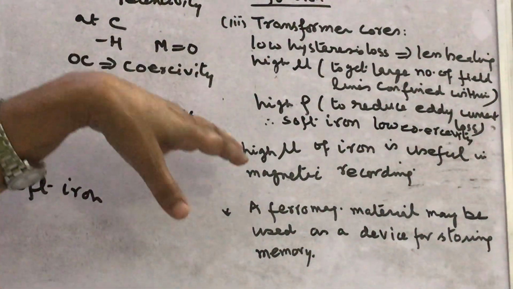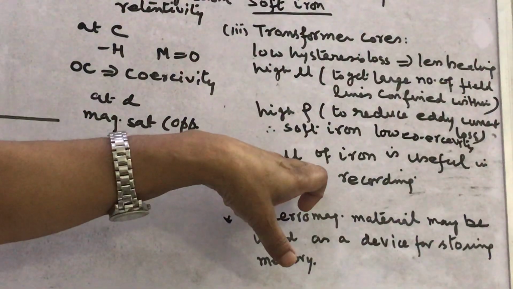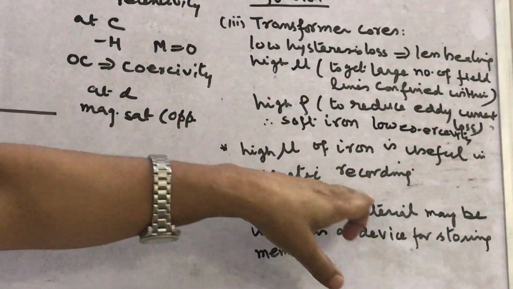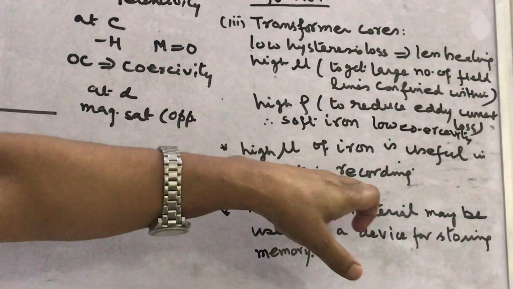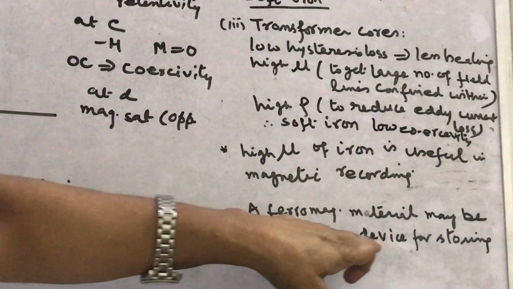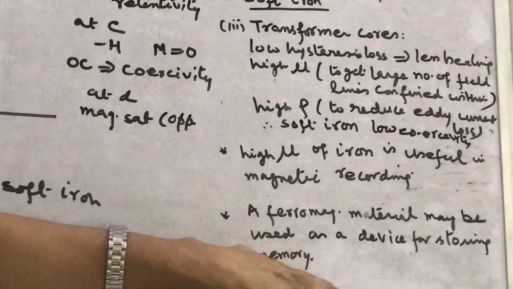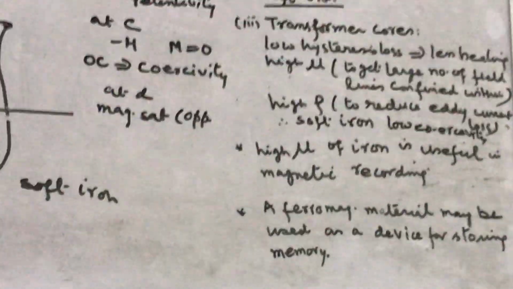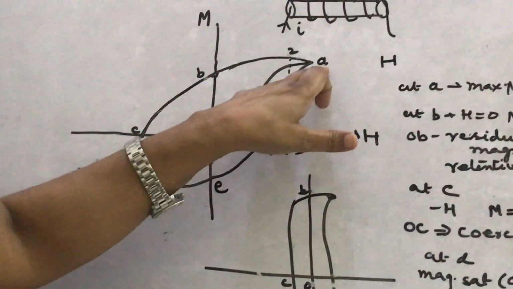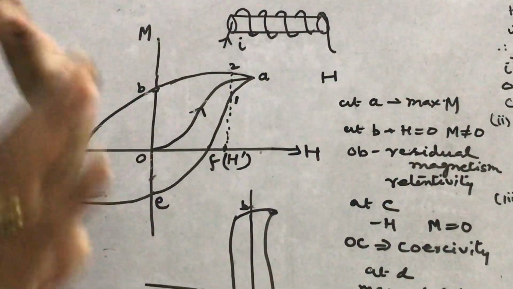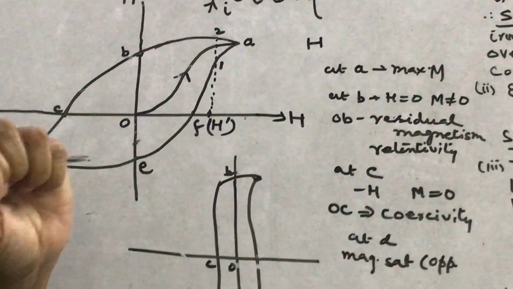And the high permeability of iron is also very useful in magnetic recording. A ferromagnetic substance may be used as a device for storing memory. How can it be used? We have seen in the curve that from O to A the magnetic saturation condition is achieved and all domains are directed in the same direction.